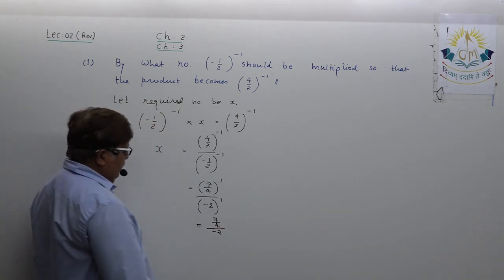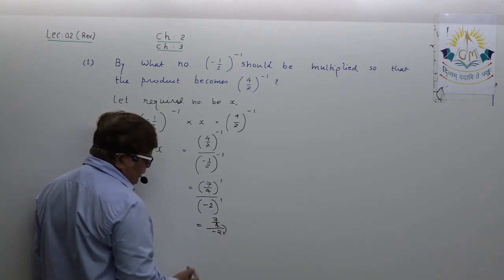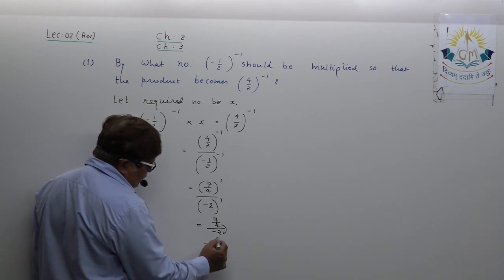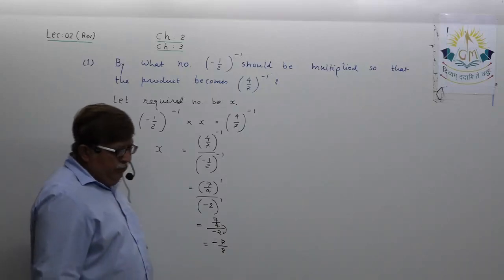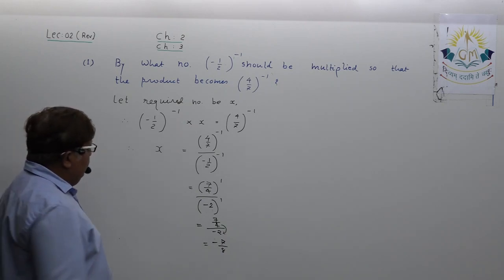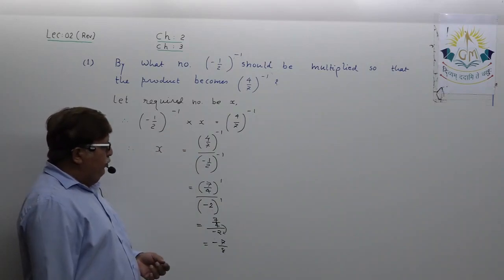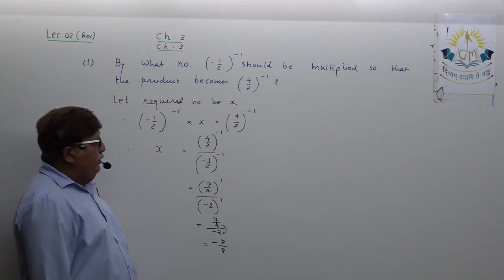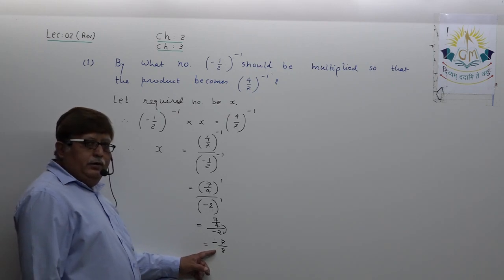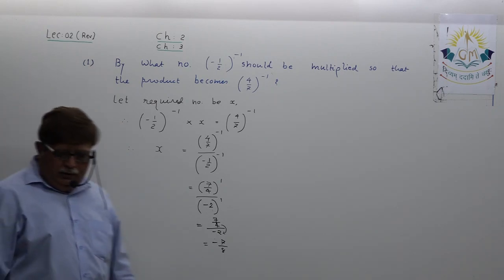Now this 4 will multiply here. So you got overall minus 7 upon 4 into 2, that is 8. So dear student, you got the required number which, multiplied with the given number, gives the product 4 upon 7 raised to minus 1: this particular number is minus 7 upon 8.